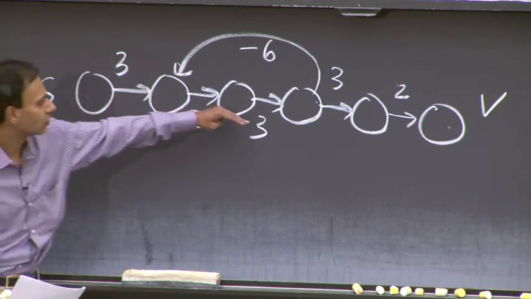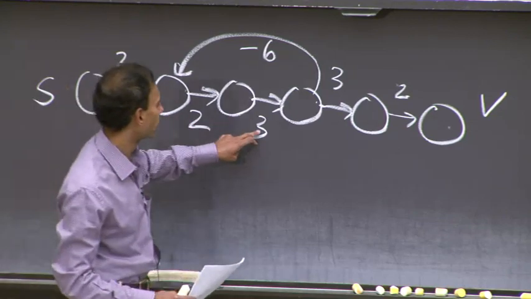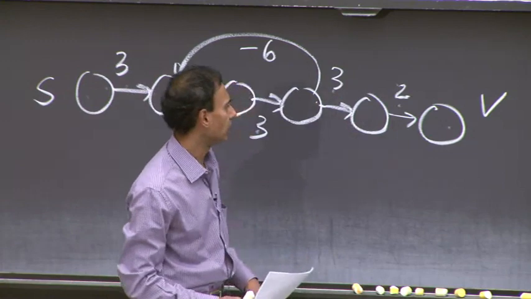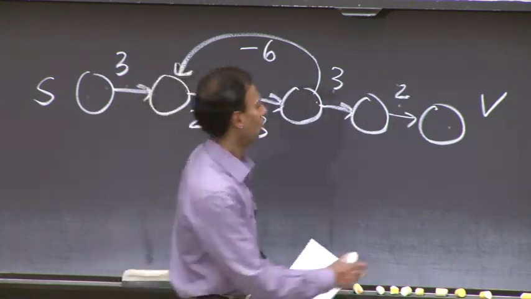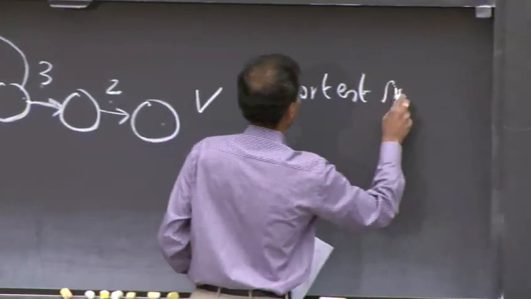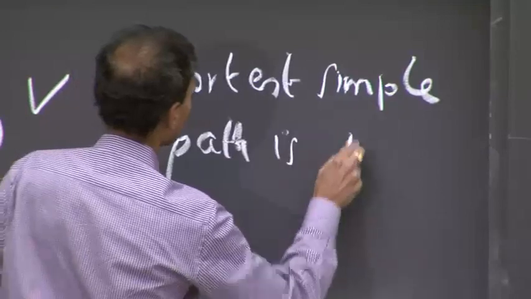It's this path that goes horizontally, which has weight 3 plus 2, 5, 5 plus 3, 8, 8 plus 3, 11, 11 plus 2, 13. All right? So the shortest simple path is 13.